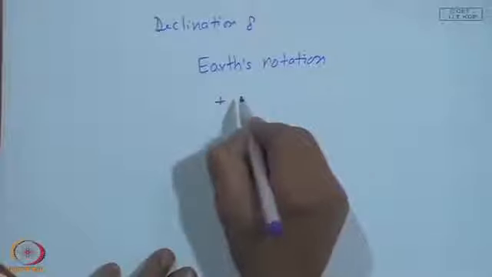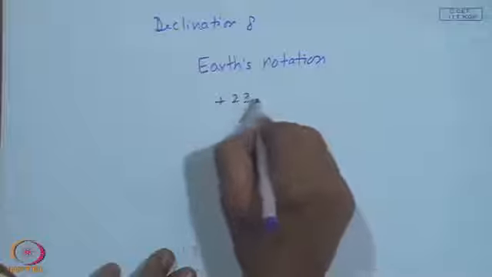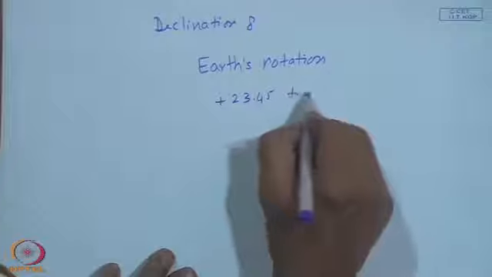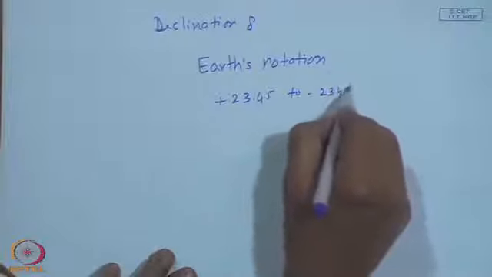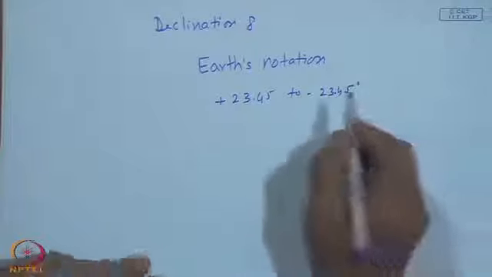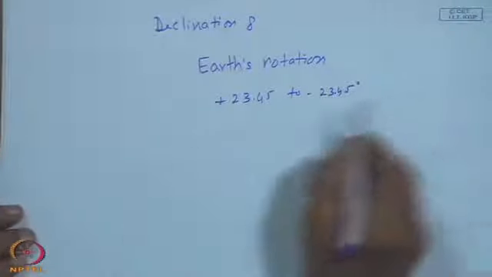The plane of rotation and the equatorial plane are not the same. The axis of rotation is tilted with respect to the north-south axis. That will be varying because the earth is going through an elliptic path, from plus 23.45 to minus 23.45 degrees, and each day you can calculate it according to this equation.